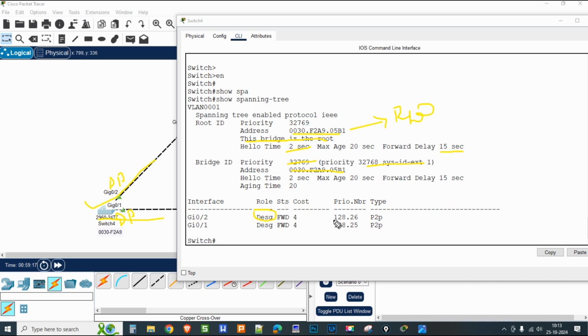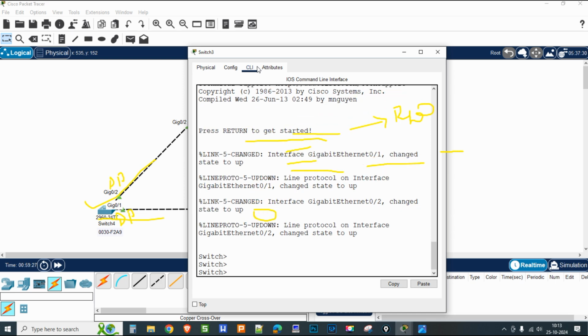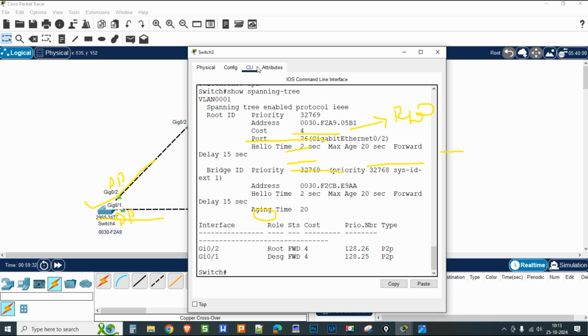Priority value 128.26, 128.25. Next. These two are designated ports.